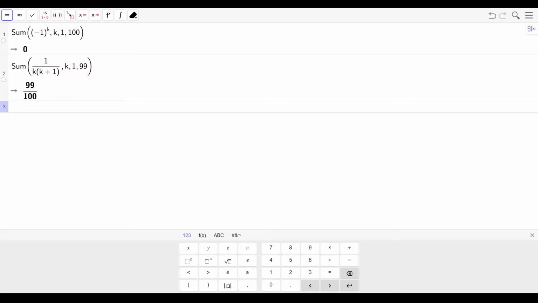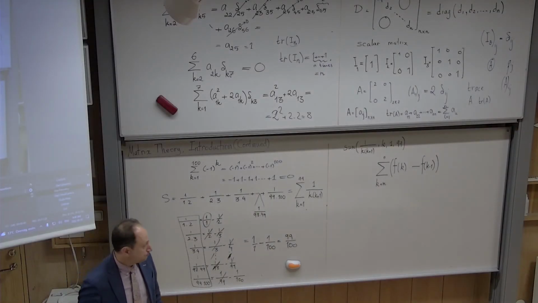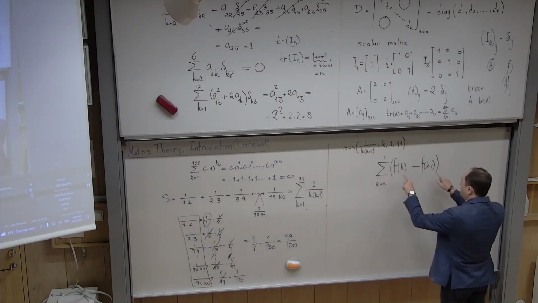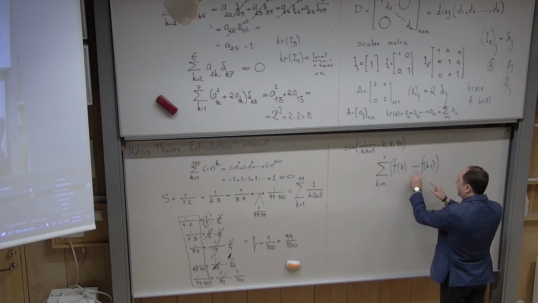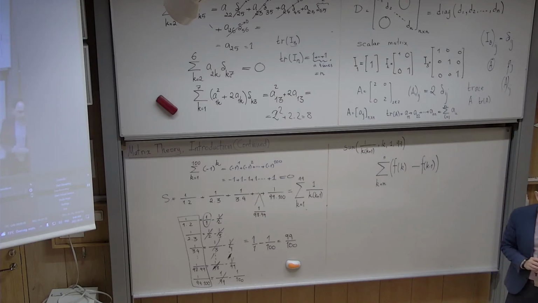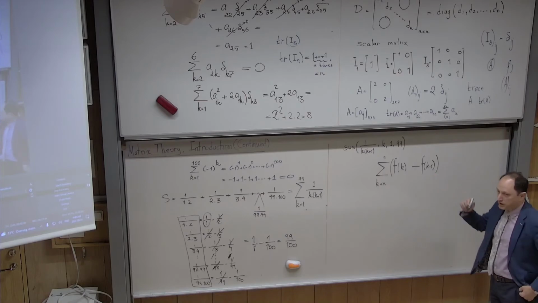So not every sum is telescopic. Any sum, so that inside the sum you have the difference of two functions calculated at consecutive values of the counter. I don't know how to explain it, but when I give you this example, you understand what I mean. So this is a telescopic sum.